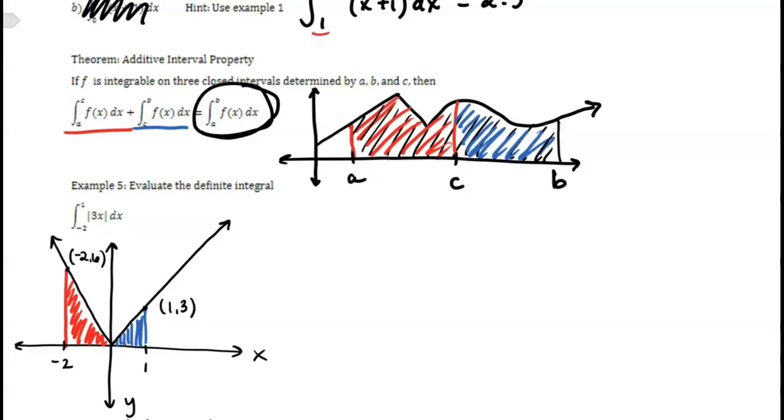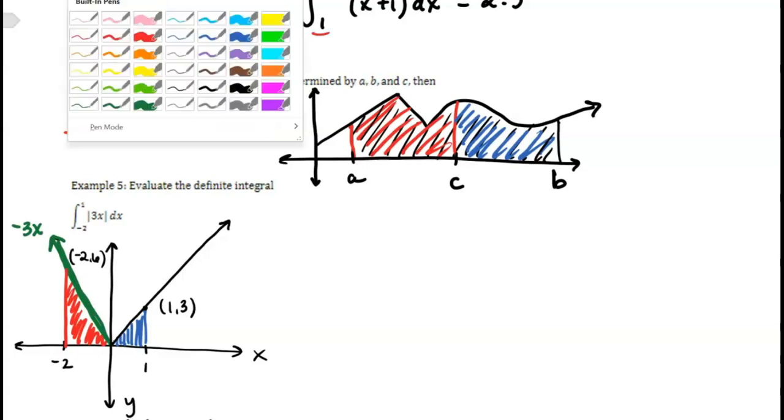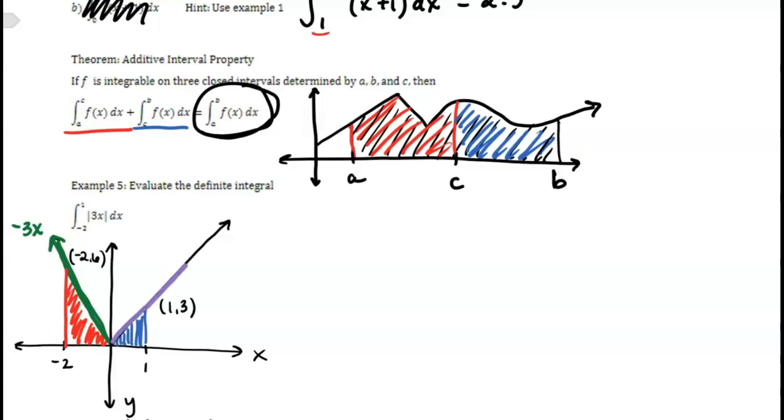Because this line, let's use a different color here. This piece of the graph, this line here, is actually the line of -3x. That's the line y is equal to -3x. While the other half of the graph is the line of y is equal to +3x.